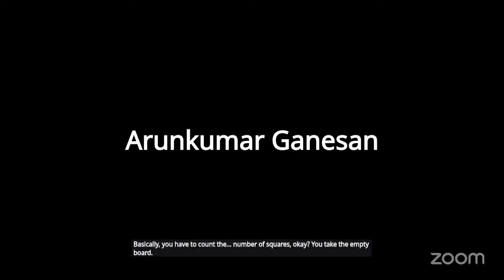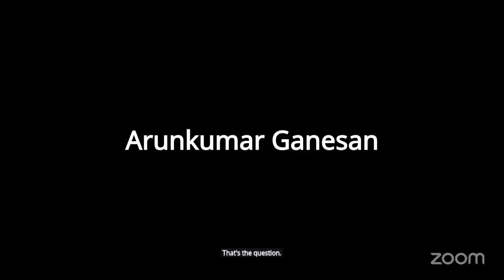Basically, you have to count the number of squares. You take the empty 8 by 8 chessboard, and you see how many squares there are of degree 5. That's the question. Does it make sense now? Yeah, fine, sir.